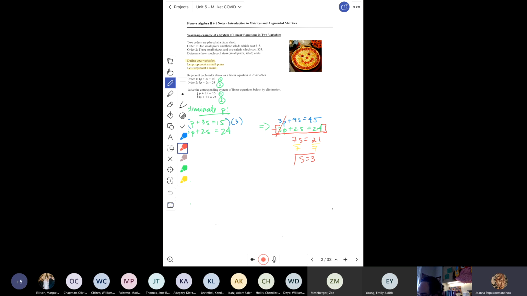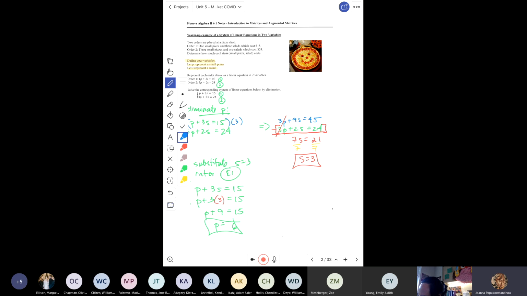Substituting. I am substituting. So I'm going to explicitly state that. I'm going to say now I'm going to substitute S equals 3 into equation 1. So I'm going to take equation 1 and I'm going to substitute in 3 for S. So what is P? 6.